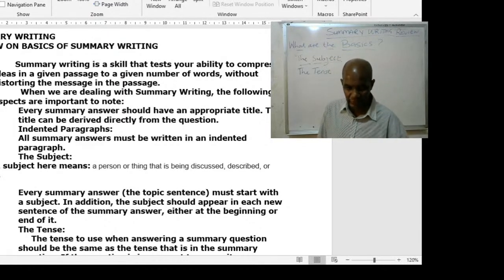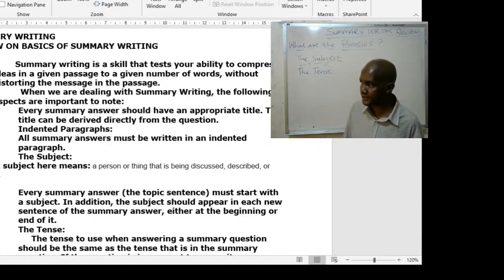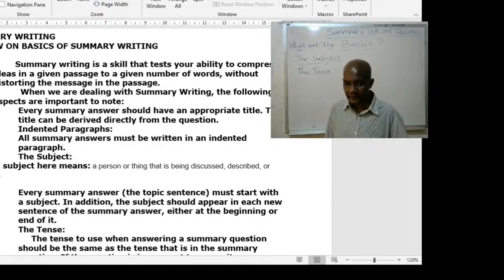The tense that is used in the question is the same tense you must use in the answer. If, for example, a summary question is something like, describe the steps taken when making or baking a cake, don't write that the steps one should take or the steps one took.